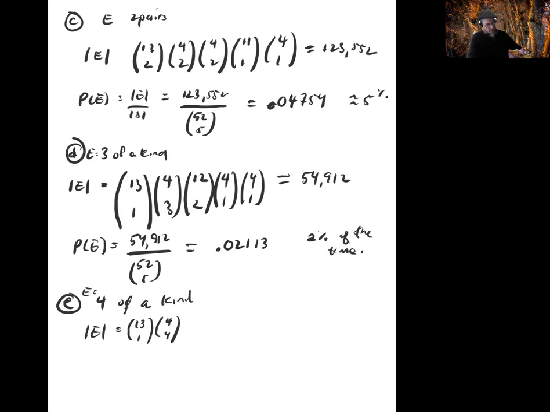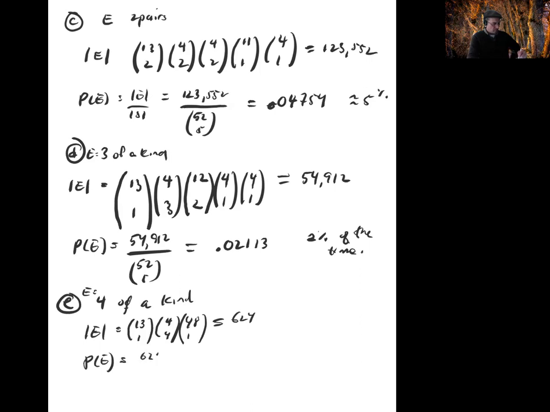And we still have to be dealt 1 more card that's not equal to any of the cards that were dealt. 4 cards were dealt out of 52, so there are 48 cards left. And we have to choose one of those 48 cards. That's the remaining card. And there are 624 possibilities there. So the probability of E is the size of E over 52 choose 5.